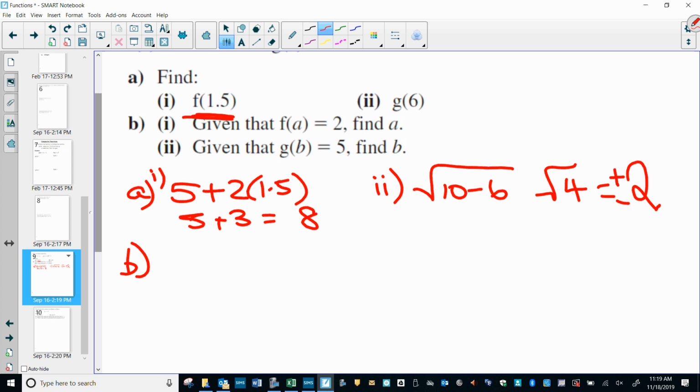Alright, B part 1. Given that f of a equals 2, find a. What do we do here? Just put 2 into that next equation? No, but that's what most people do, so I'm glad you said it. You've got to read to see. Check to see what it actually says. It says that f of a equals 2.